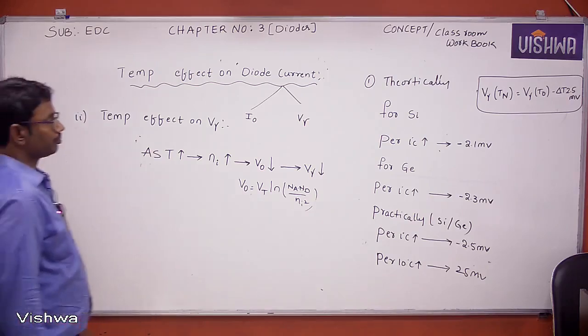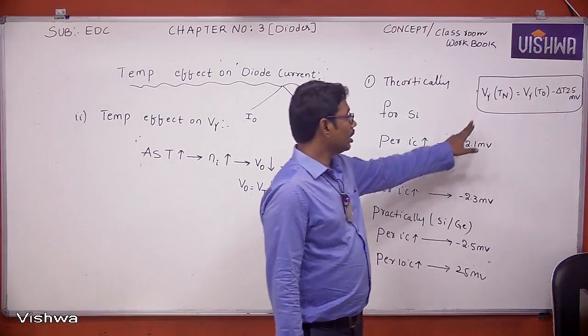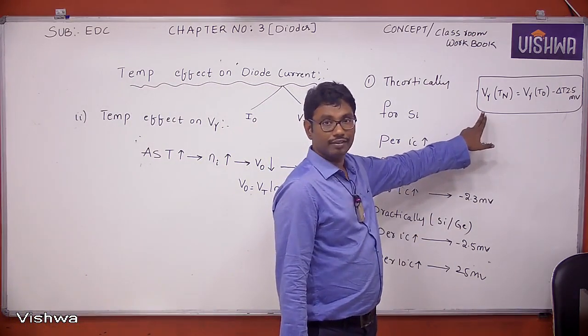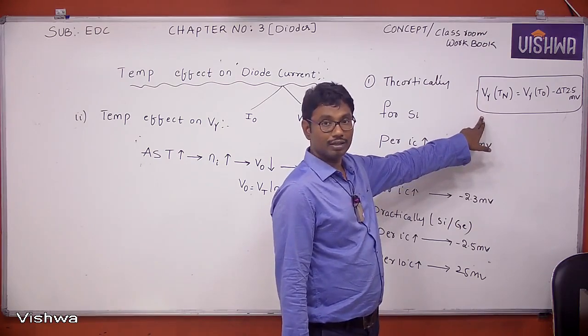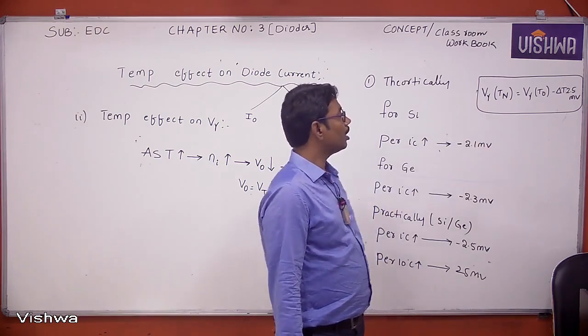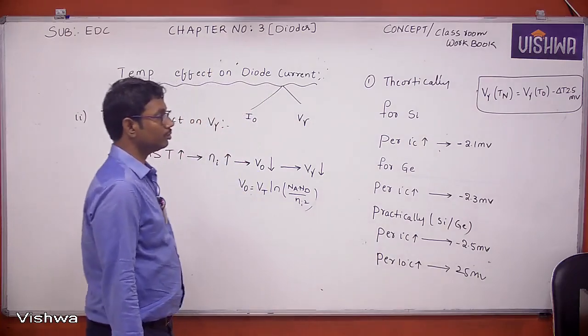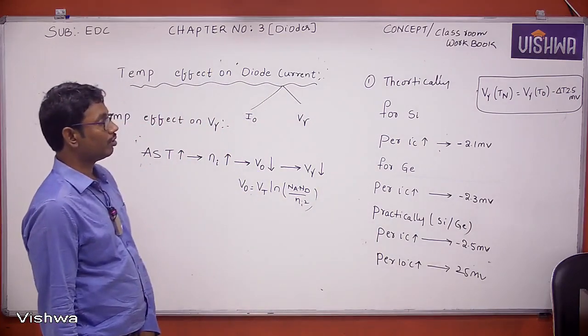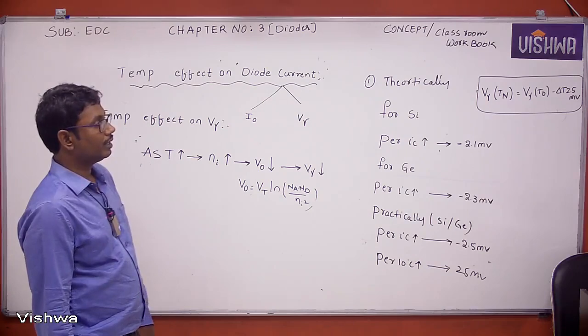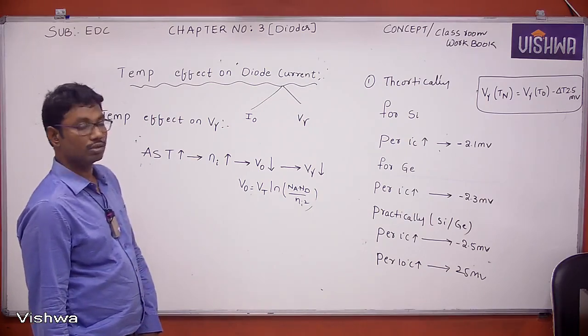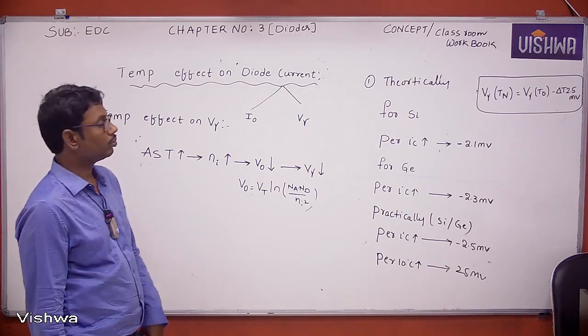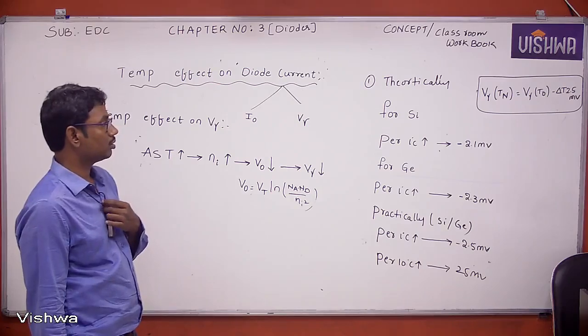Cut-in voltage at any temperature is given by V gamma of Tn is equal to V gamma of T naught minus delta T into 2.5 millivolts.